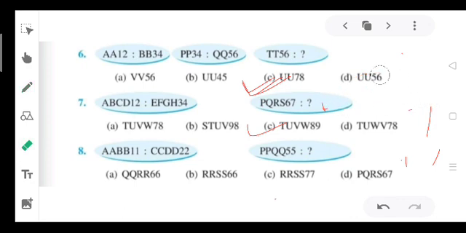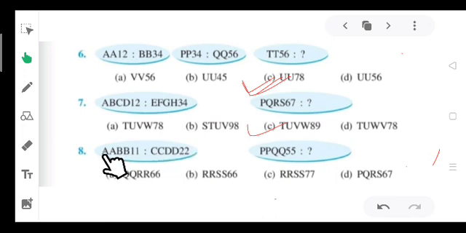Eighth question. A, C, B is to D, B is to D, 1 is to 2 and 1 is to 2. It means B, 1 is to C, D, 2. So we will find out the connection between these.